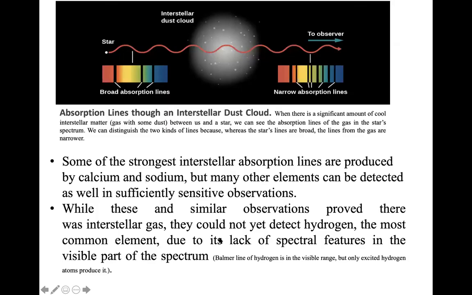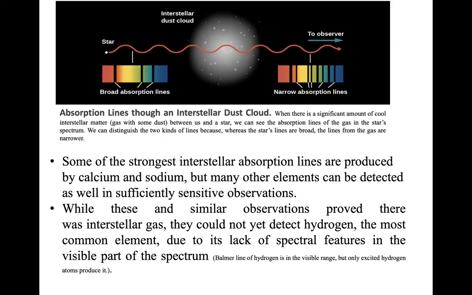So this is just an example of what happens in space. You can see on the right-hand side there is a star, and the star has these broad absorption lines. The absorption lines are a little broader because when you are observing from Earth, the light has to go through these interstellar clouds.